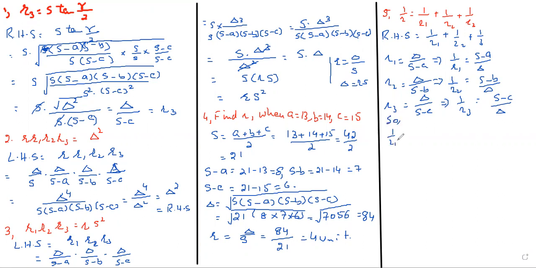Now comes, so 1 over R1 plus 1 over R2 plus 1 over R3 equals, now, S minus A over delta plus S minus B over delta plus S minus C over delta. So which is equal to S minus A plus S minus B plus S minus C divided by delta. Right?